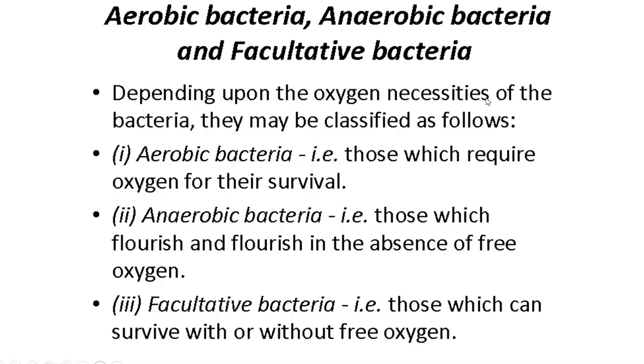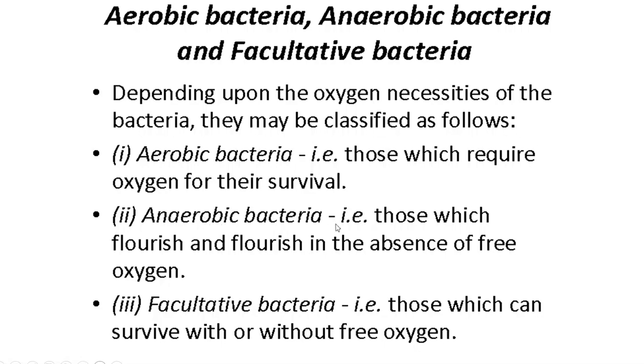Depending upon the oxygen necessities of the bacteria, they may be classified as follows. One is aerobic bacteria, others are anaerobic bacteria, and they may also be facultative bacteria. So first we have aerobic bacteria. From its name, aerobic bacteria means they need air to survive, those which require oxygen for their survival.